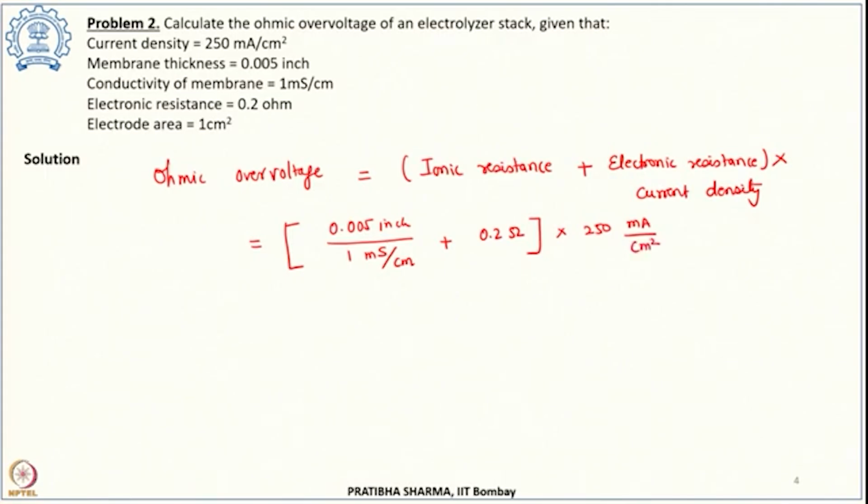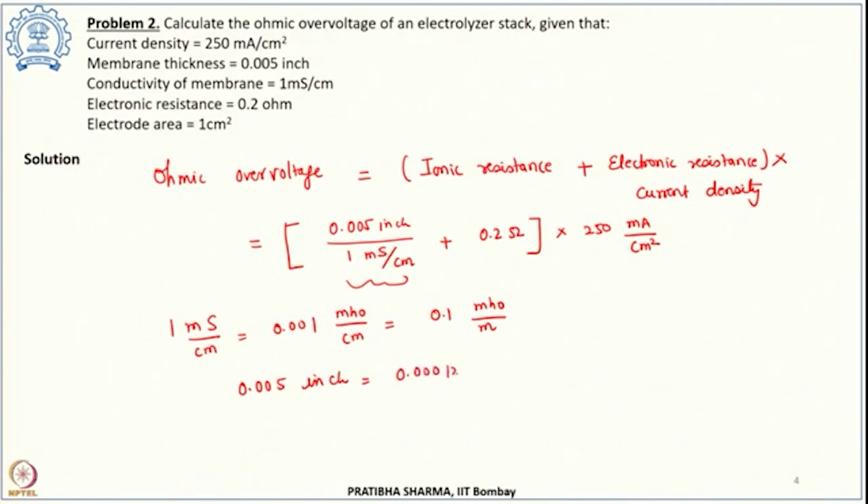So some conversion will be required now for the first term. 1 millisiemen per centimeter, and that we will get as 1 mho per meter. Also we need to convert the thickness, which is given in inch, into meter, it is 0.000127 meter.